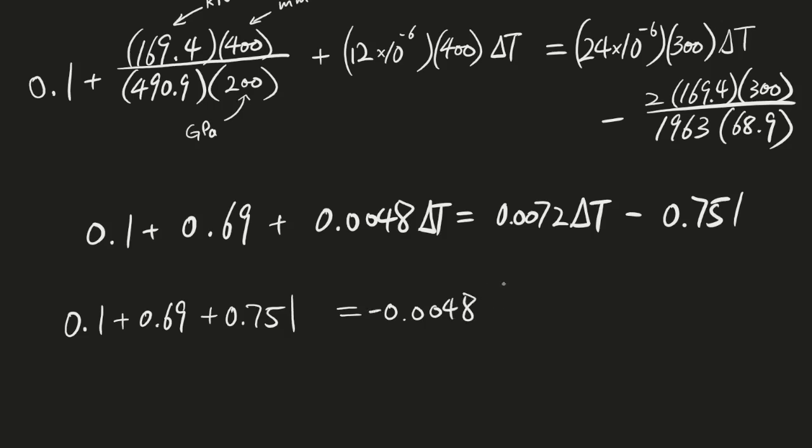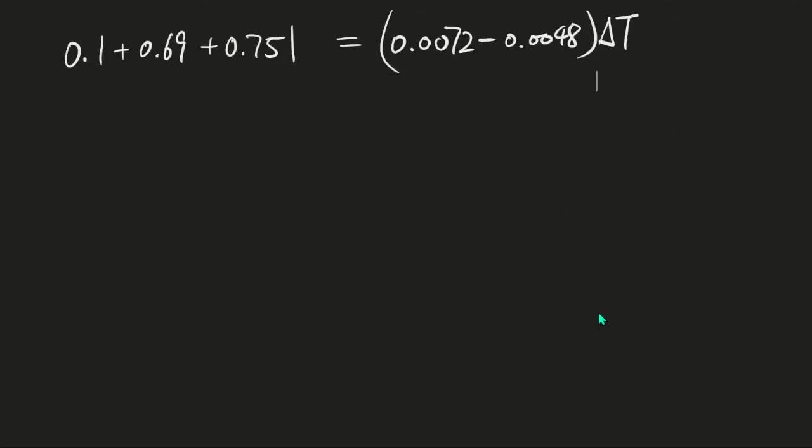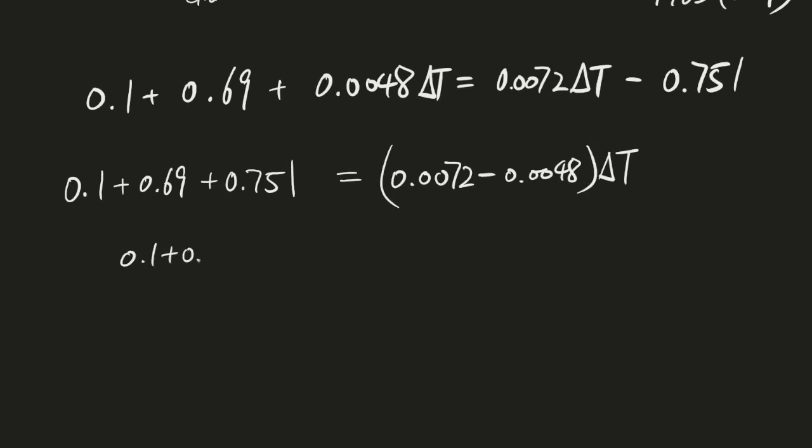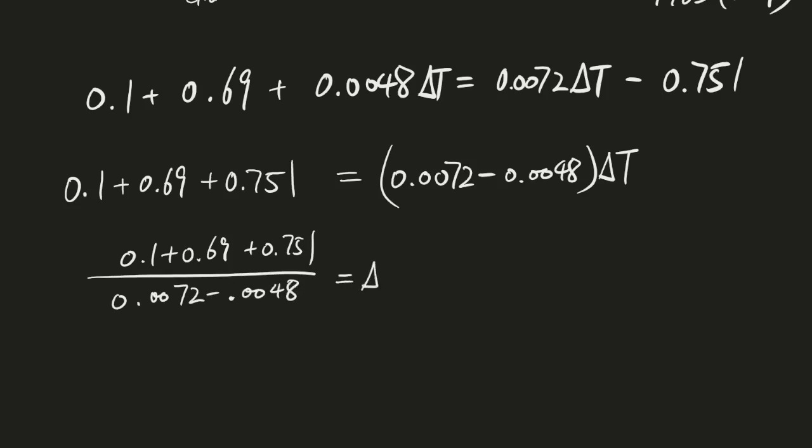Okay, 0.0072 minus 0.0048 in brackets, delta T. Okay, let's plug that into the calculator and find delta T. 0.1 plus 0.69 plus 0.751 over 0.0072 minus 0.0048, and I get a temperature of 642 degrees Celsius.